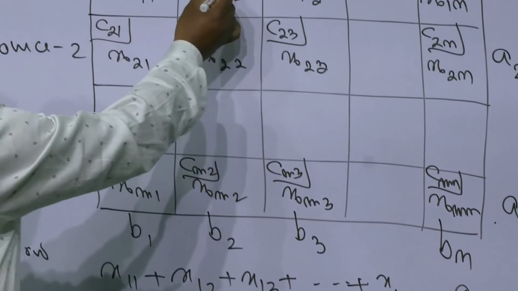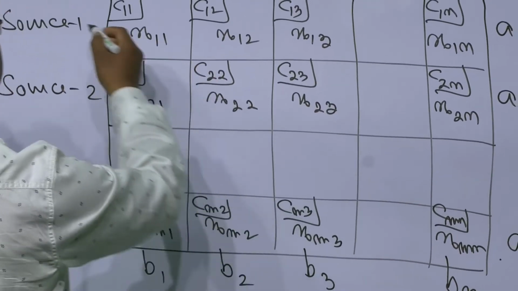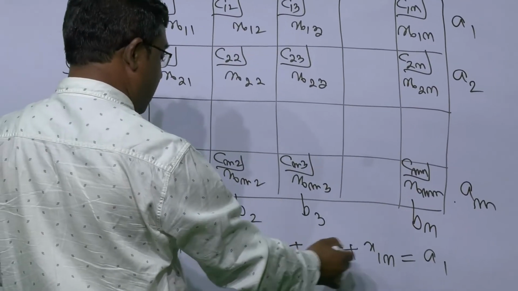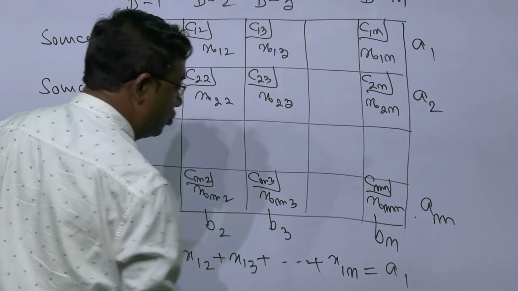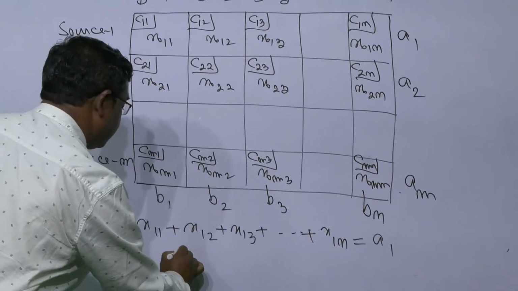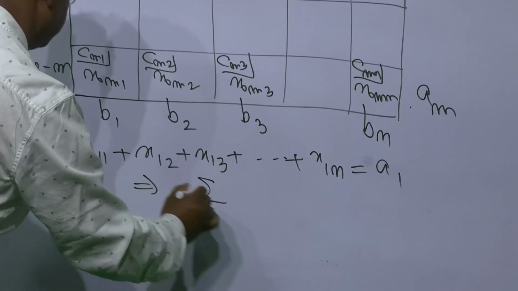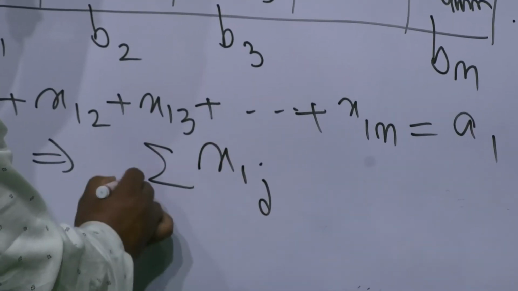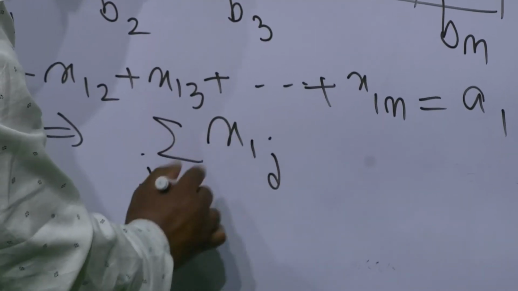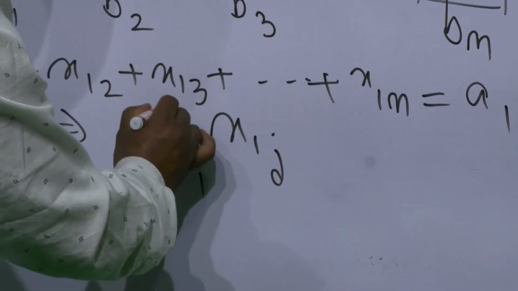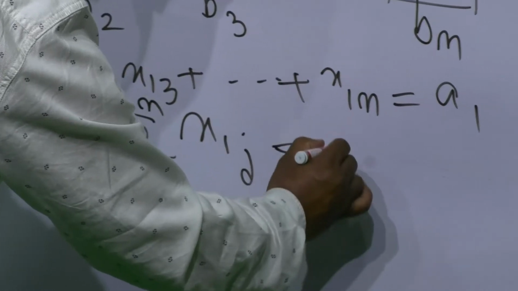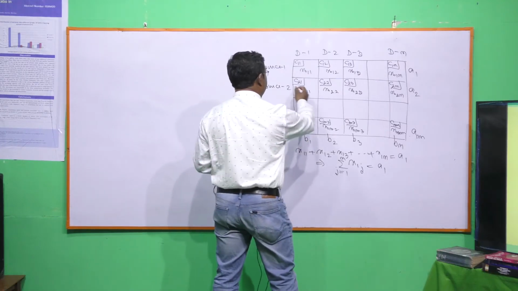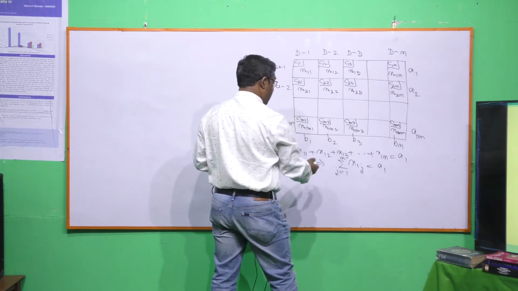This is the amount to be transported from source 1 to different destinations. So the sum of these quantities should be equal to A1. This is summation X1j, j goes from 1 to n, equal to A1. This is for the first row, then the second row, and third row, then the mth row.